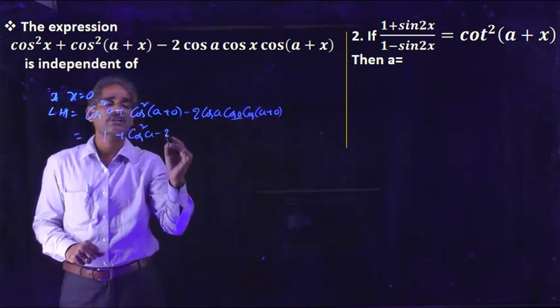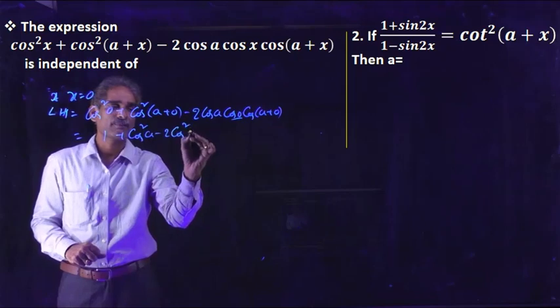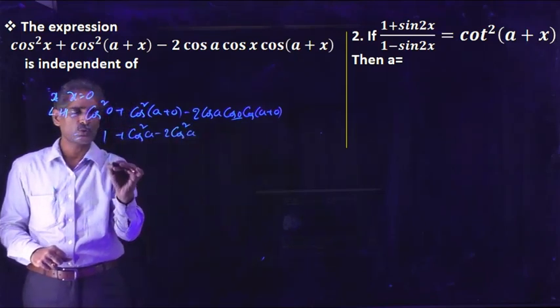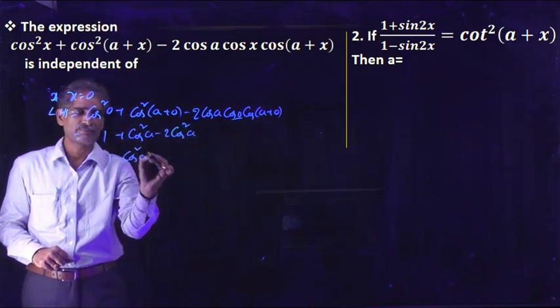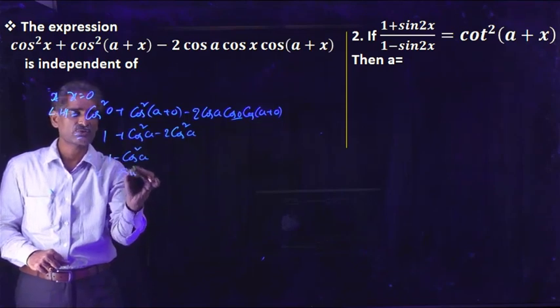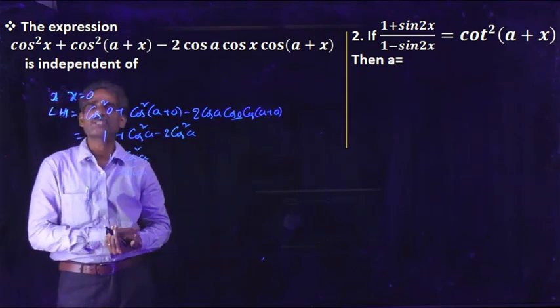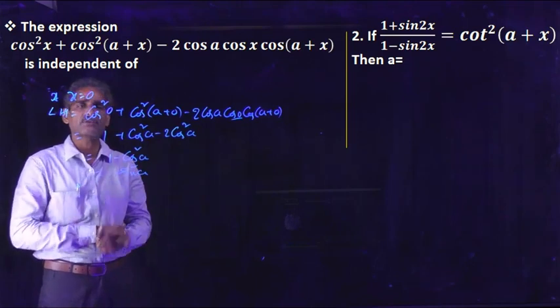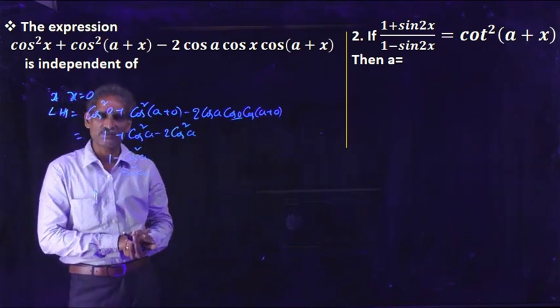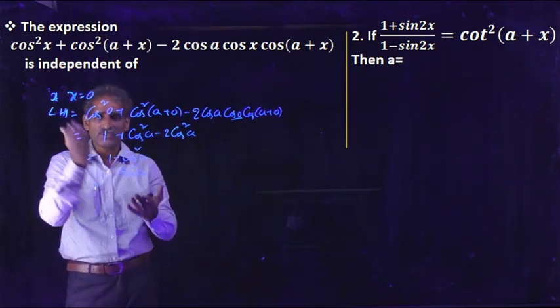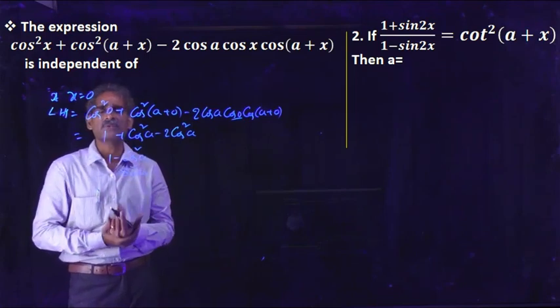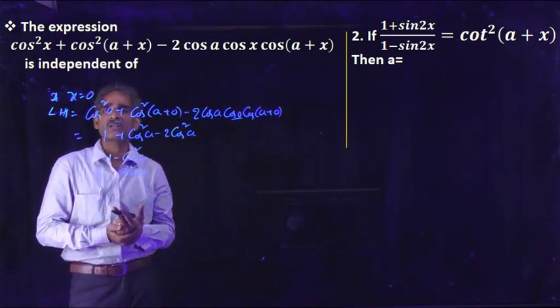That is equal to 1 minus cos square a, which is sin square a. If we take x equal to 0, we are getting some function in terms of a. So with the help of this we can't say which is the dependent one or independent one.